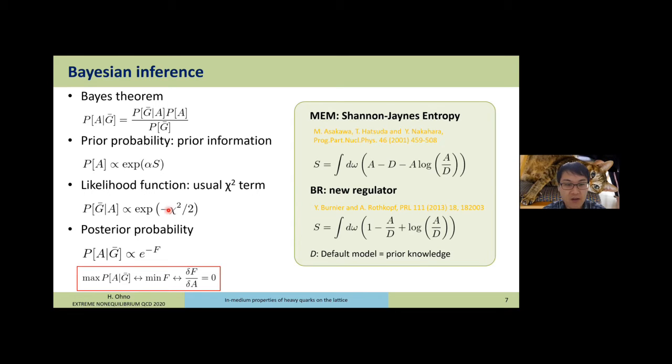If you have data of good quality, then there should not be any difference between these two. But usually our data quality is not good enough, so there should be some difference between the different methods. That gives you some hint to get the systematic uncertainty. So it is very important to cross-check your spectral function by using different types of methods and check the uncertainty.